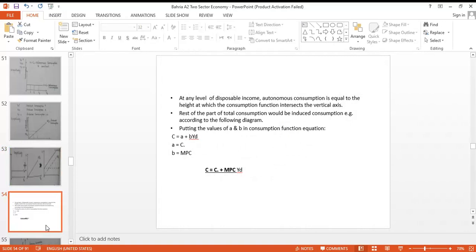In order to simplify things, we are going to use some different symbols for the consumption function. So let's look at this formula for the consumption function. The consumption function is equal to C naught plus MPC multiplied by YD. MPC is the gradient of the line, and MPC is the marginal propensity to consume.